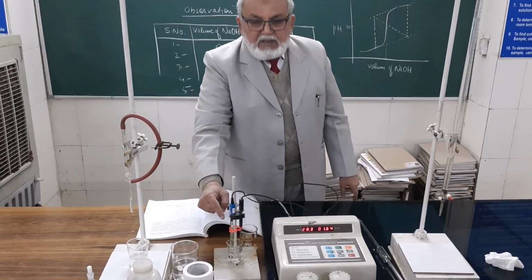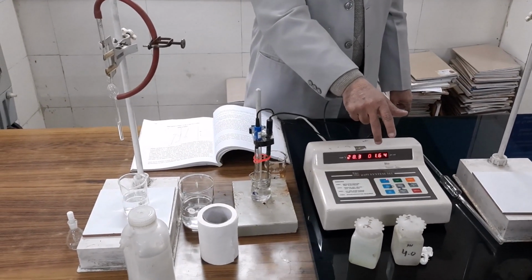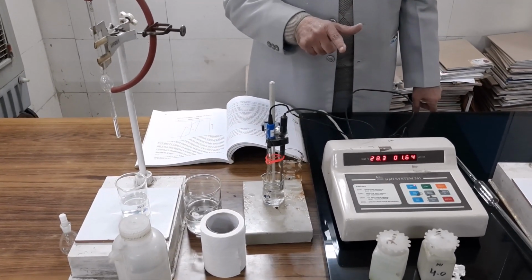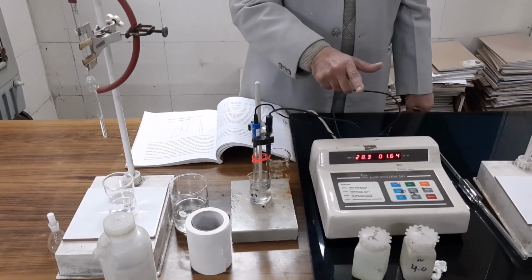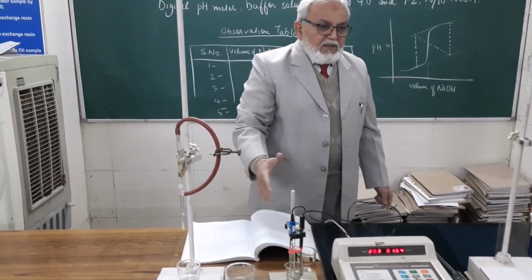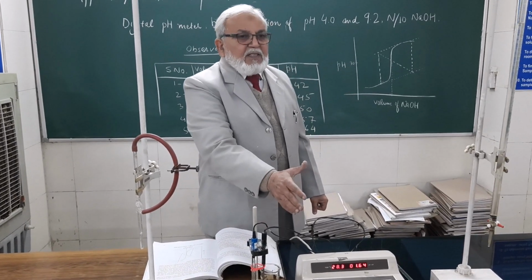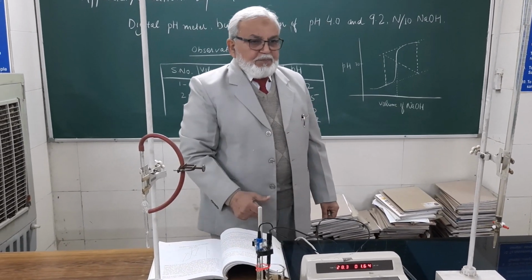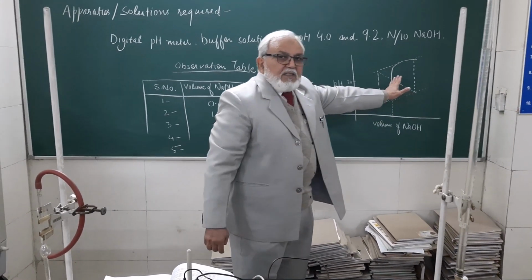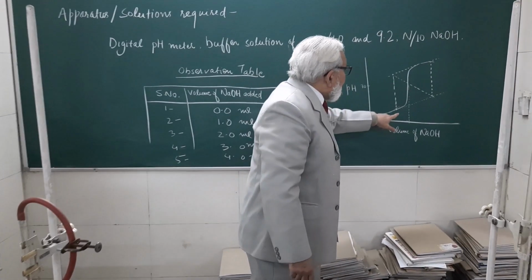That buffer solution is kept in this small beaker, and the pH is read on the pH meter. If it shows 4.0, we say the apparatus has been standardized and is ready for use in the titration. So firstly we standardize our pH meter.